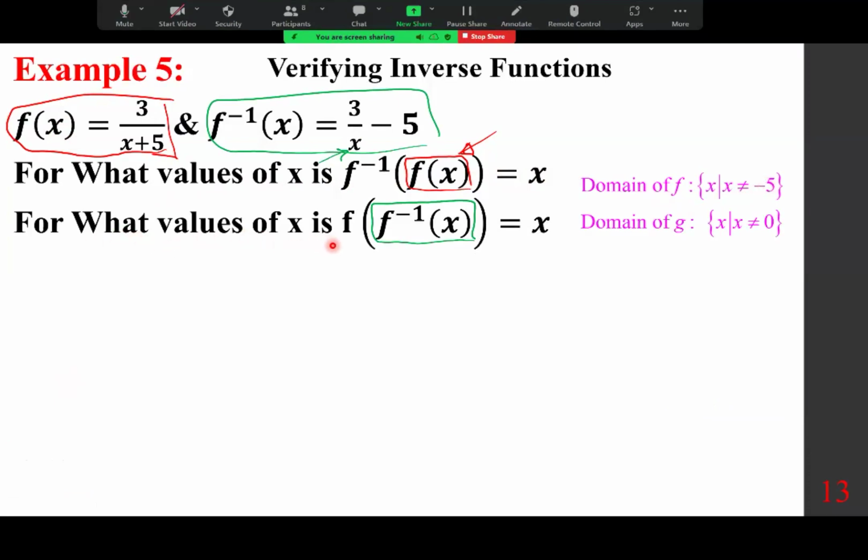For what values of x is f of f inverse equals x, this time domain of f inverse, I should say. Maybe I should write f inverse instead of that. Let's change this to f inverse. Normally we use f and g, so that's why I used that, but f inverse.